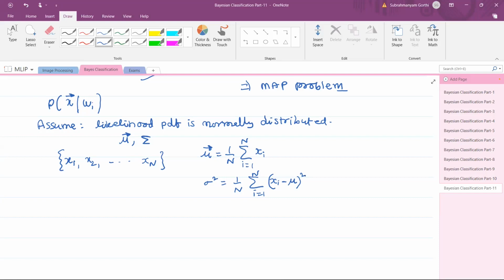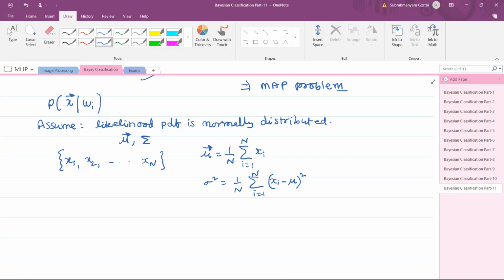But what this maximum a posteriori probability estimation technique will let you do is, irrespective of the parametric distribution being Gaussian or something else, if it is something else, then to characterize that, maybe mean and variance are not good enough. You may have some other parameters.